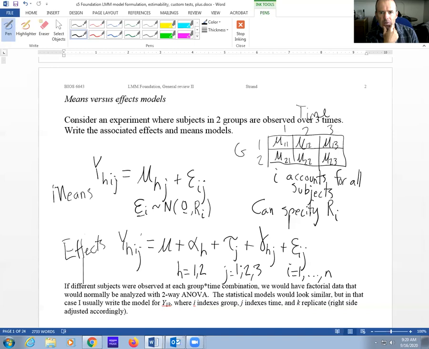So, you know, the software does it for you, right? What it seems like it's doing is setting one of the columns to 0, right? So again, the reference level is, for SAS, the highest level set as the reference level. And for R, it's the first typically by default.